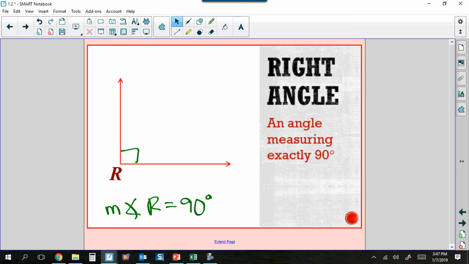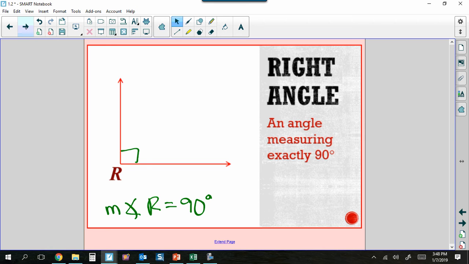So if that marker is not there, do not assume that it is a 90-degree angle. Or sometimes in the context of the problem, they'll tell you this is a right angle, in which case you then could put the marker on the angle showing it is a right angle. Or, vocabulary word from section 1.1, if two lines are perpendicular, you can put the right angle mark because you know perpendicular lines create those right angles when they intersect.